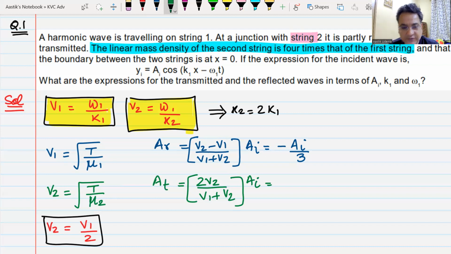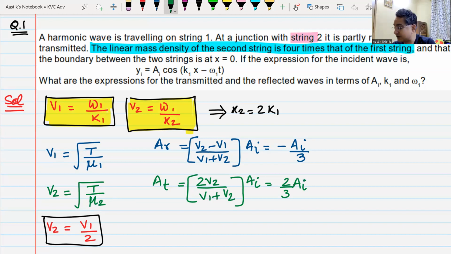One wave has taken 1/3 of the amplitude, so what will the other wave be doing? Right, sir, and it will be positive. Positive and negative only tell us that the direction has reversed, that the phase has reversed.